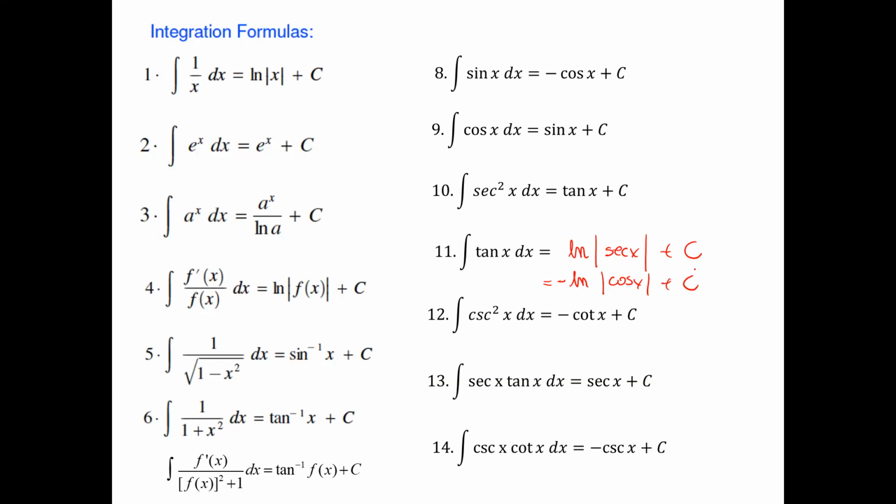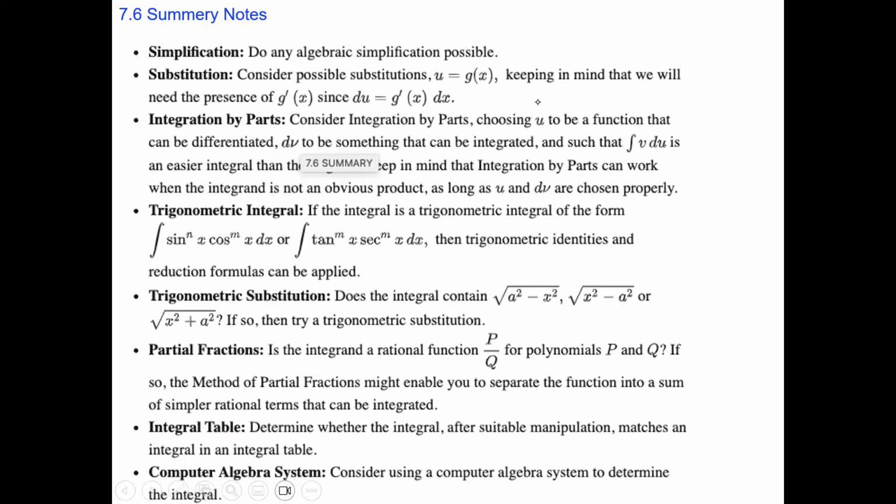Okay, now let's look at some summary. We did cover, of course, U substitution. That's always the technique that has to be checked first. Maybe it works, and then we don't need to apply a more complicated one.